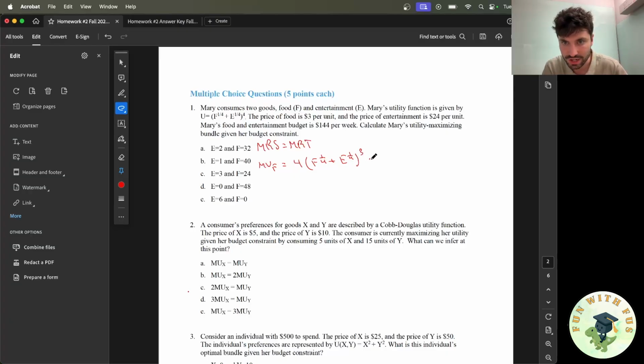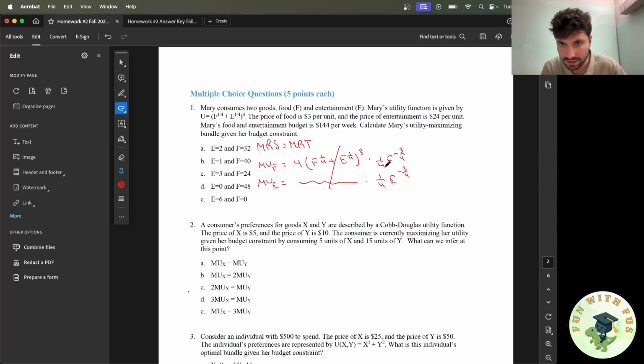And then we're going to chain rule the inside, and we're doing F. So that's 1/4 F to the negative 3/4. And then the marginal utility of E is going to be the same thing right here, and then times 1/4 E to the negative 3/4.